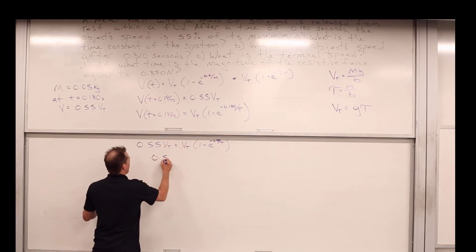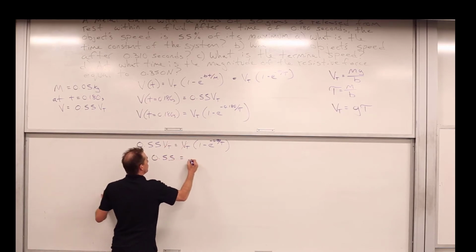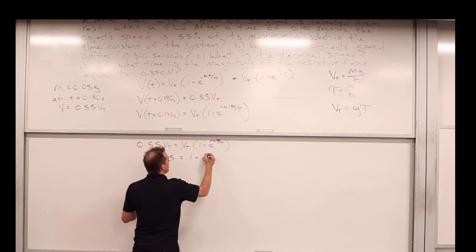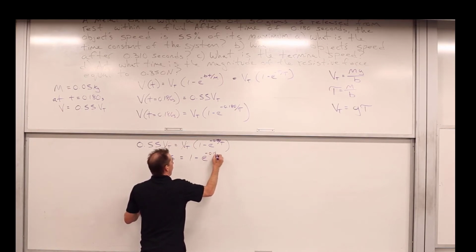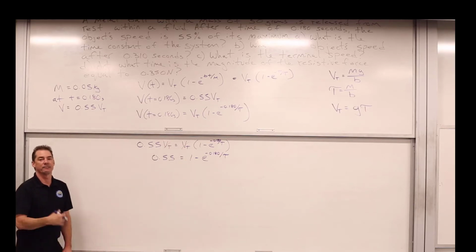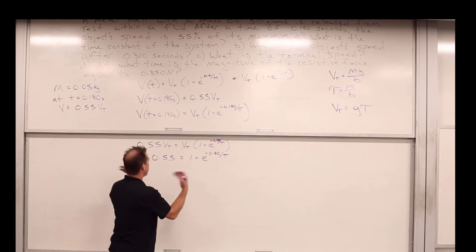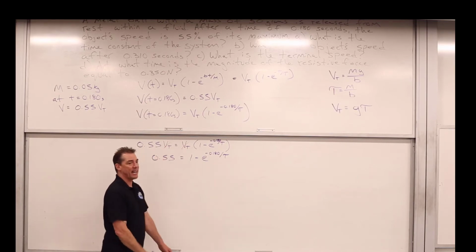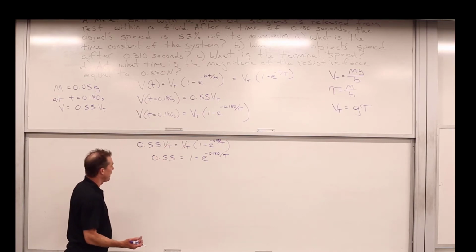So 0.55 must be equal to 1 minus e to the negative 0.180 divided by tau. That has seconds in it, and so does tau. Nonetheless, we solve this out, isolating tau. We've got to get rid of the exponential.